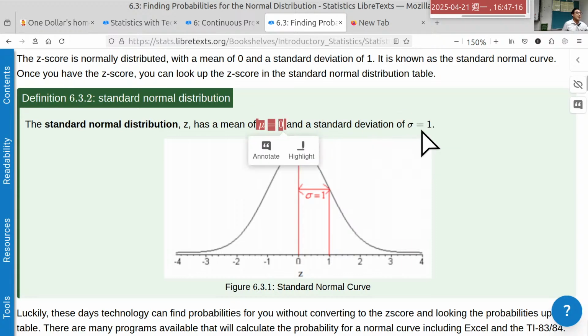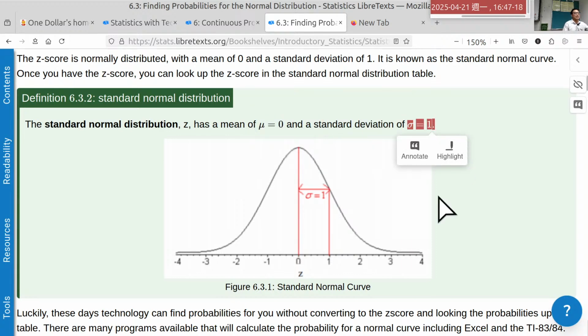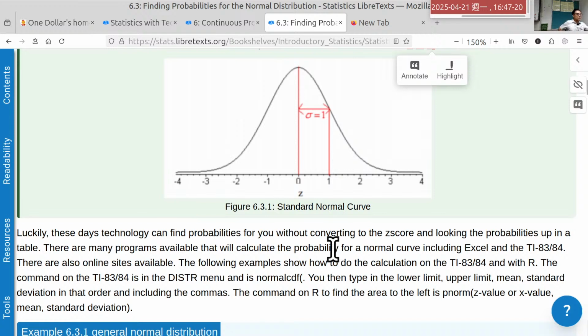Mu is 0 and sigma is 1. Thus, we can see on the x-axis, the bell shape on the top corresponds to 0. Plus 1 sigma is 1. Minus 1 sigma is minus 1. It's symmetric.